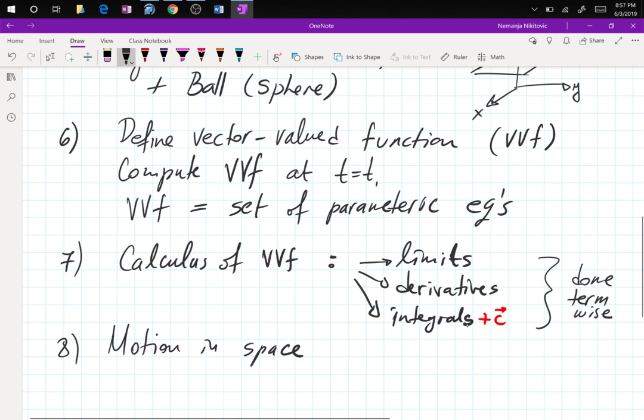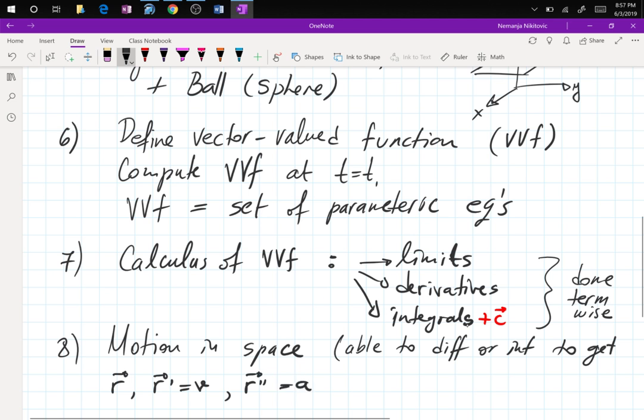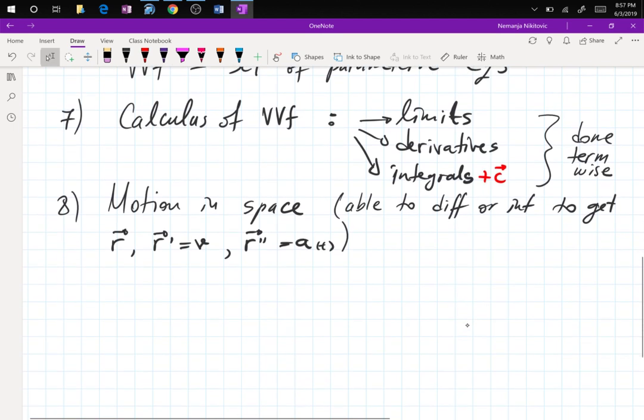Motion in space, and then I'm just going to say able to differentiate or integrate to get r prime, which is velocity, r double prime, which is acceleration, right? So that's what we have, motion in space.